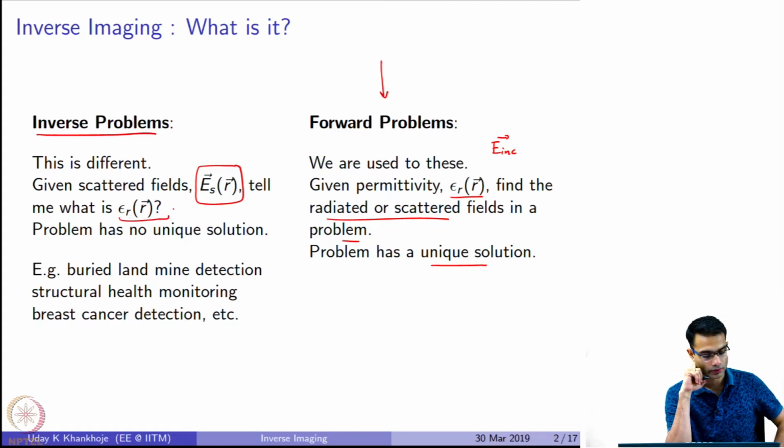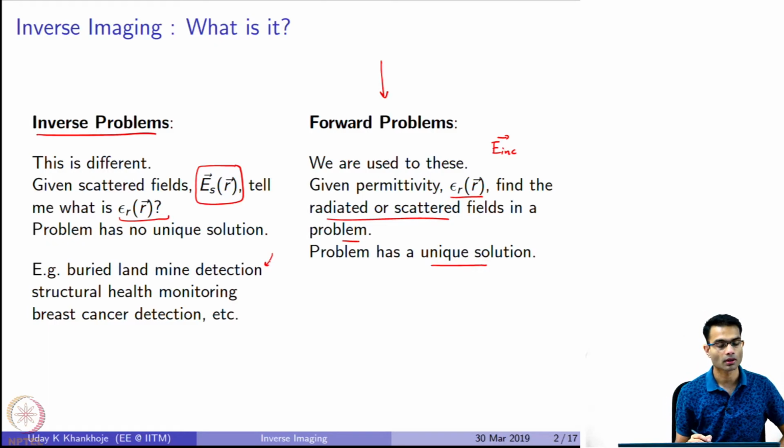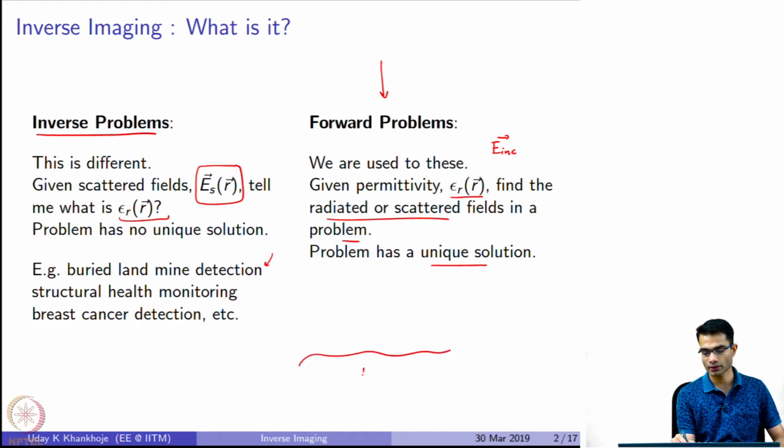Right. So there are at least three different kinds of examples where this is useful. For example, buried landmine detection. So let's say you have some ground over here, you have some landmine buried over here, and what you have is some kind of a sensor. So this can be thought of as like an antenna array.